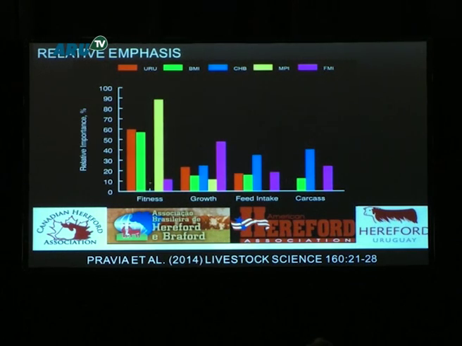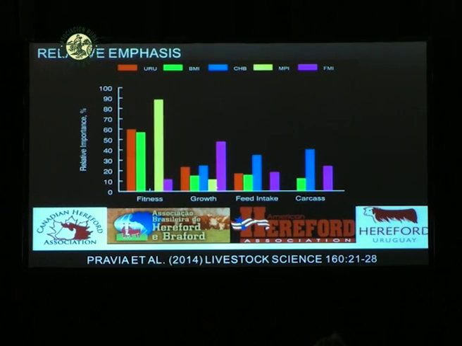Fitness traits enter into the CHB index at a very low level. Only calving difficulty, direct, and it's a very small contributor. You can hardly see it. In the Canadian MPI index, fitness traits, reproduction, and calving difficulty are much more important, and a large part of that results because the differential pricing of lightweight calves versus heavyweight calves at weaning diminishes the value of growth from birth to weaning.